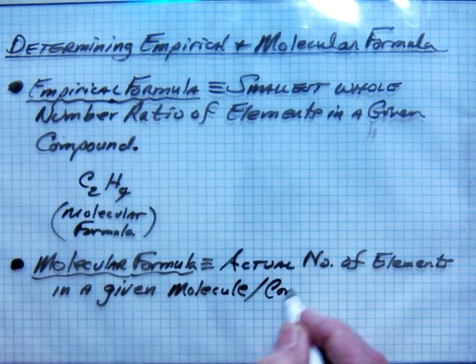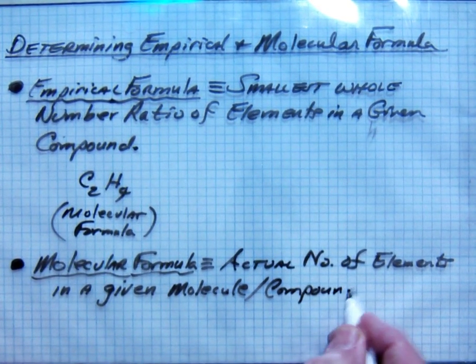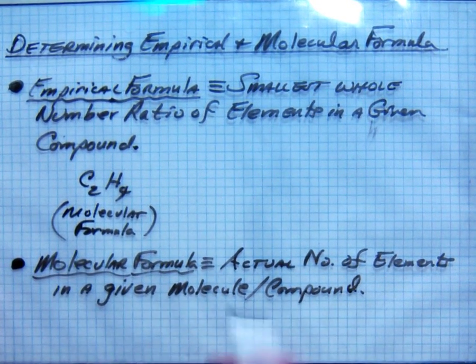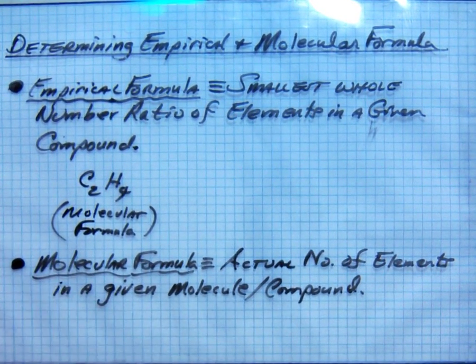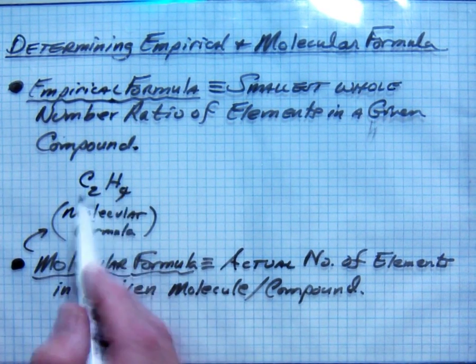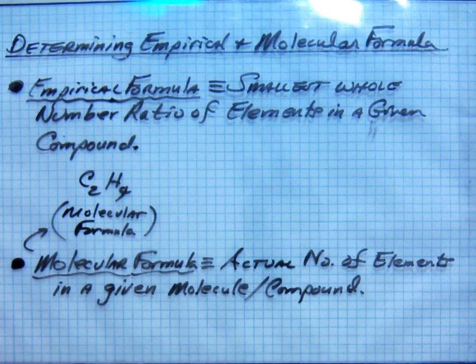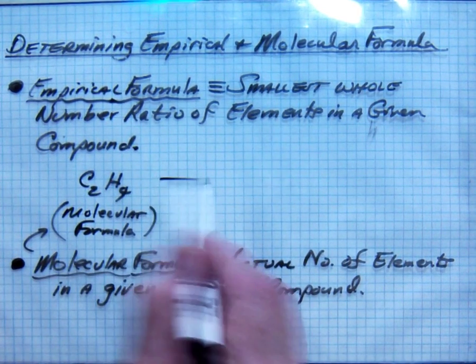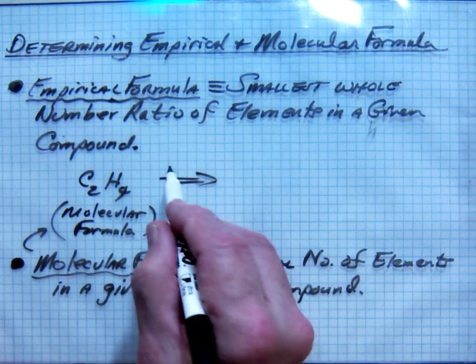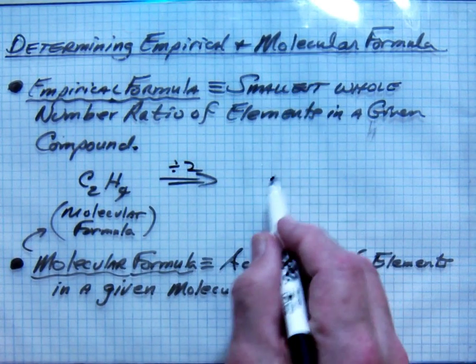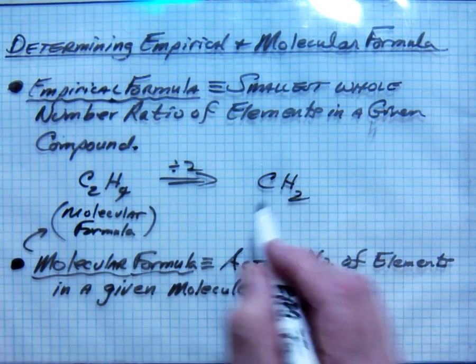Molecule, compound, however you want to look at it. Now, if this is the molecular formula, it's easy to see that we can reduce that by dividing by 2, and this will give you the empirical formula, CH2.